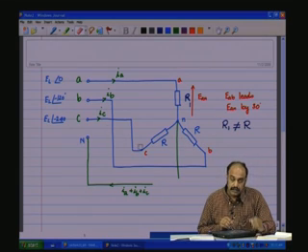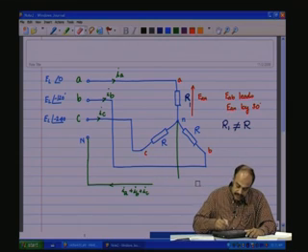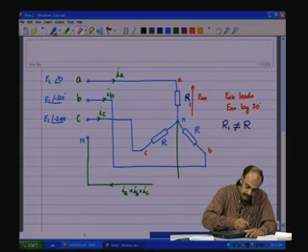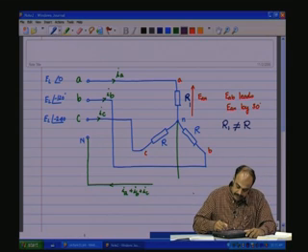If it had been, as in the case of the balanced condition, let us say IC balanced.